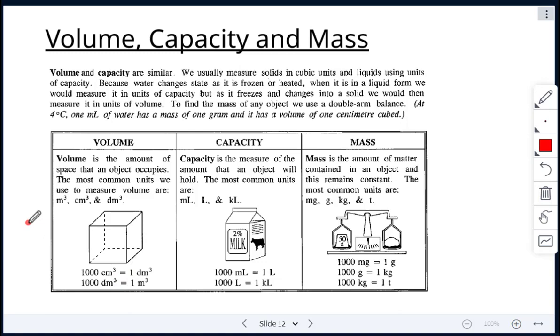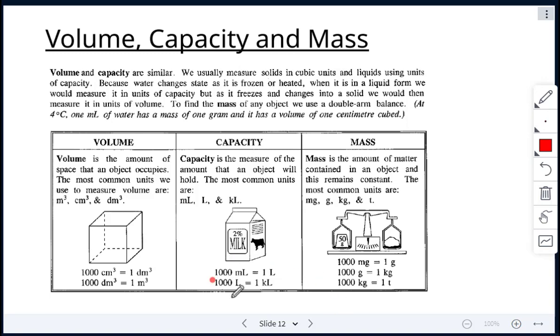The most common units are meters cubed, centimeters cubed, decimeters cubed. And then liquids are measured using the units of capacity. It's the measure of the amount that an object will hold. So we're looking at units like milliliters, liters, kiloliters.